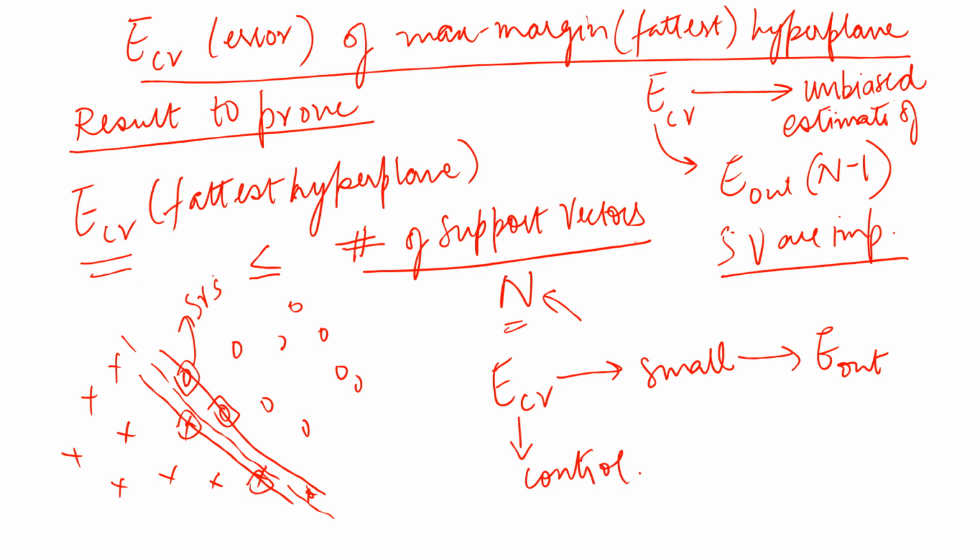And so in turn, I can keep my E out in control, right? So that's the fundamental idea behind creating this relationship of cross-validation error with the support vectors.